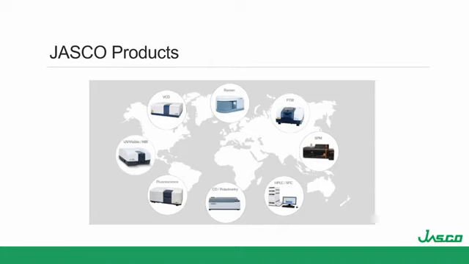As far as the HPLC and SFC is concerned, all formats are offered. So we have UHPLC, semi-micro, standard HPLC, preparative, and same for SFC. So what we're going to do is focus in on this area for the moment, just to explain some of the differences that you'll see between the two techniques.